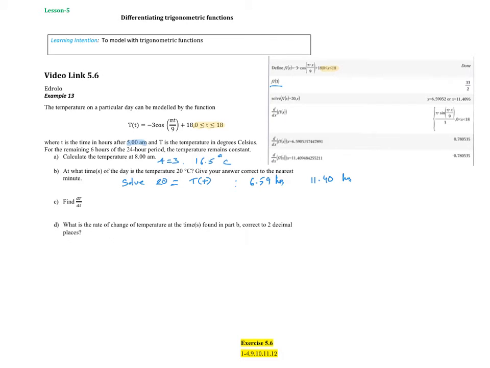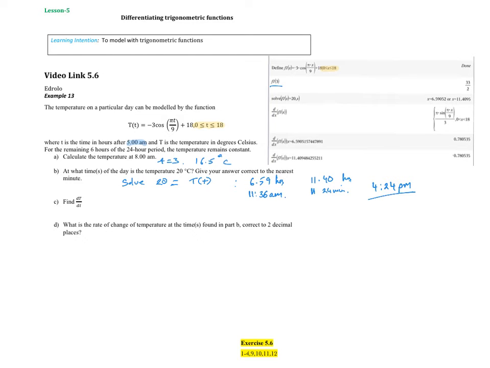Well, since it's from t equal to 5, 6 hours and 36 minutes later makes my time 11:36 a.m., doesn't it? And 11.4 is going to be 11 hours 24 minutes. So 11 hours after 5 a.m., it's almost 12 hours, which would make it 5 p.m. So it's going to be 4:24 p.m. So that's when my temperature will be 20 degrees.